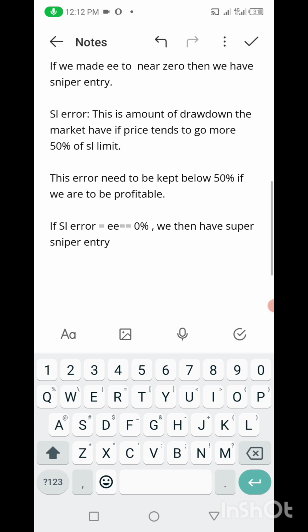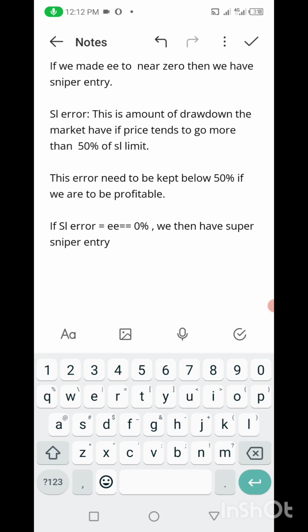So we have another type of error, SLL, stop loss error. This is the amount of drawdown the market has if price tends to go more than 50% of the SL limit. Now SL limit is the difference between the entry price and the stop loss price.